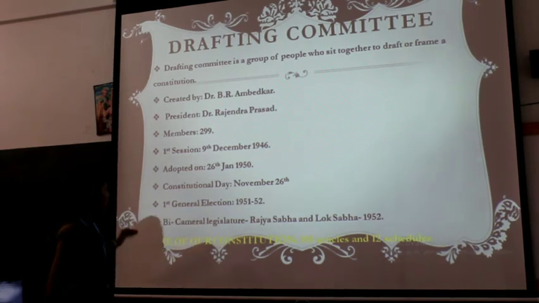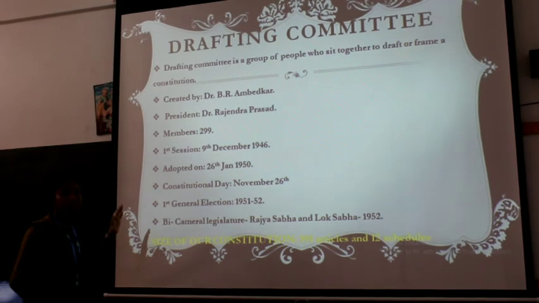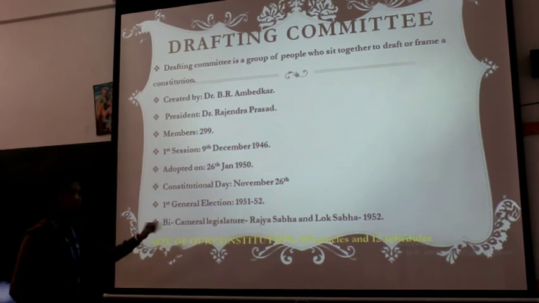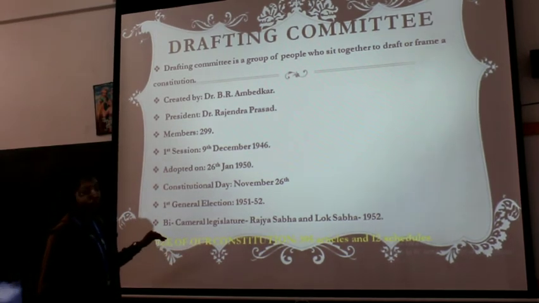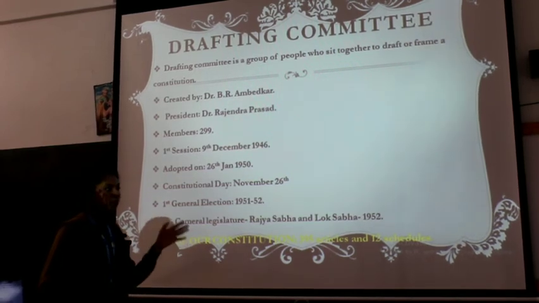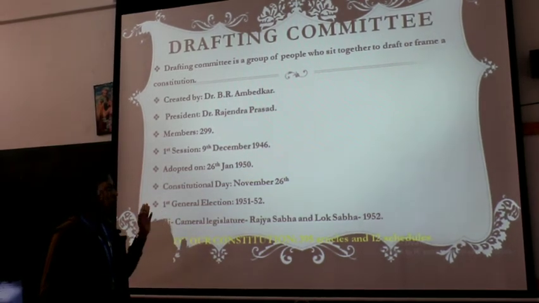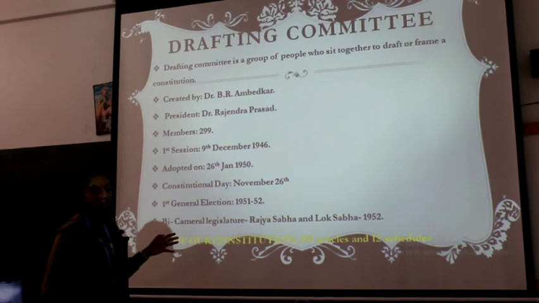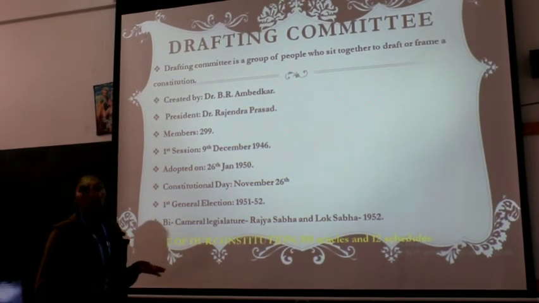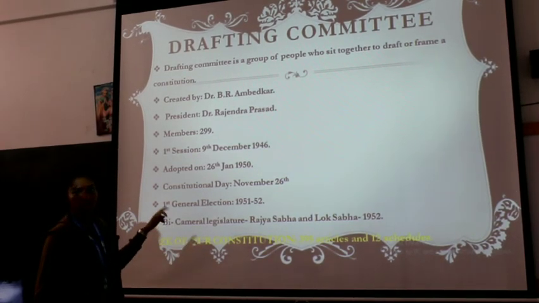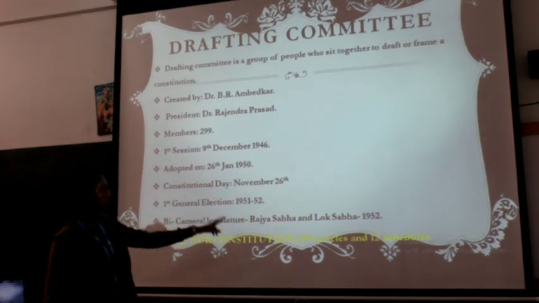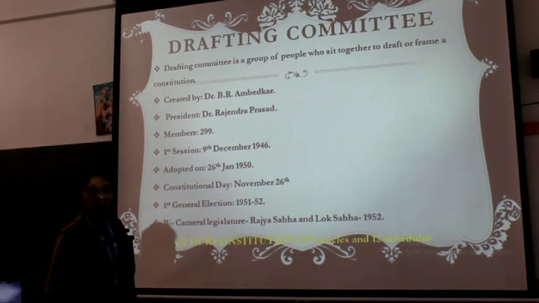Next, the drafting committee set up a bicameral legislature. What is a bicameral legislature? The parliament is divided into Rajya Sabha and Lok Sabha. That is called a bicameral legislature. So this was set up in the year 1952.